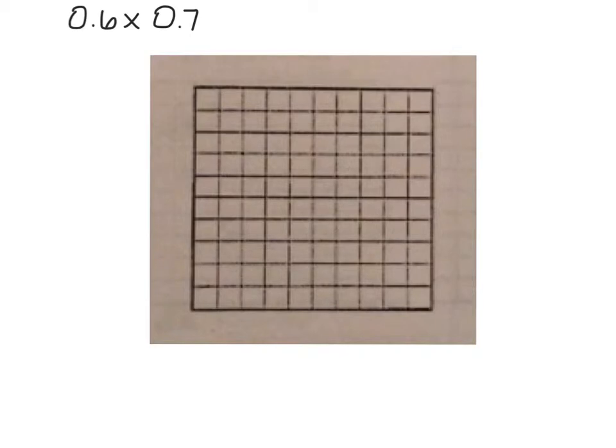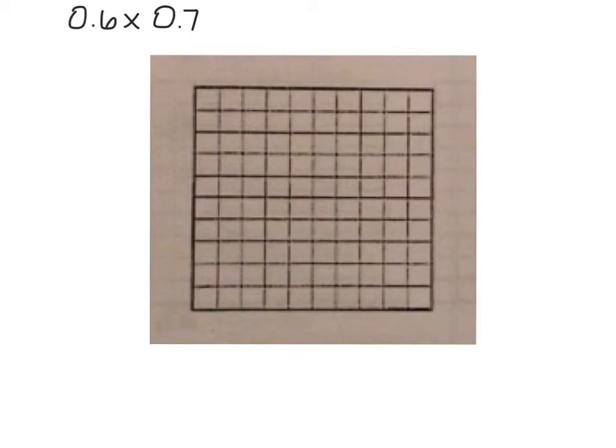So I'm going to model 6/10 times 7/10, or 6/10 of 7/10, because remember, multiplication means groups of. So we're going to come out with a very small number because we're taking a part of 7/10.